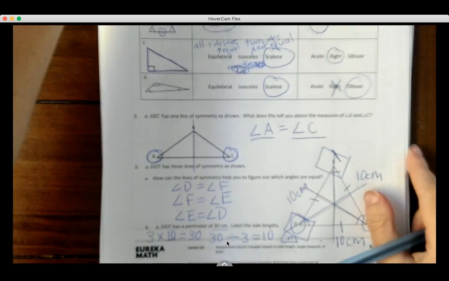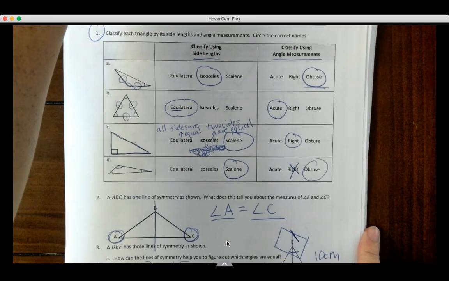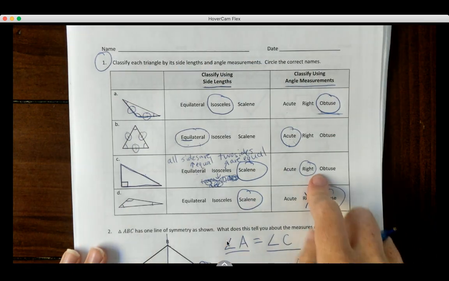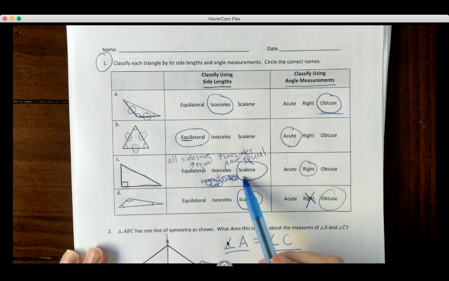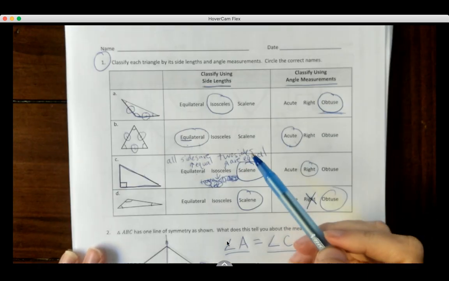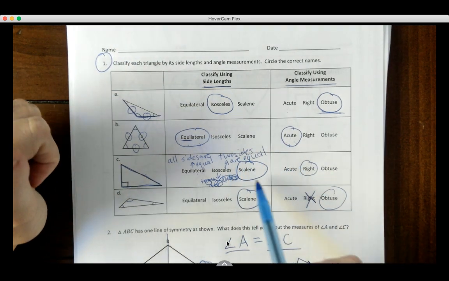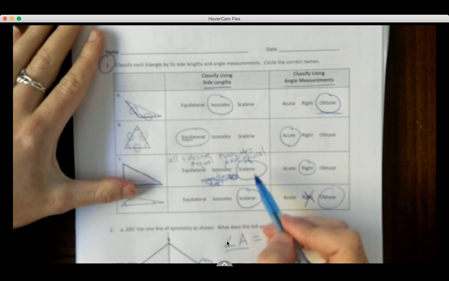So that concludes today's lesson. I would suggest taking time to remember what types of triangles there are: isosceles, equilateral, and scalene, and what those definitions are.